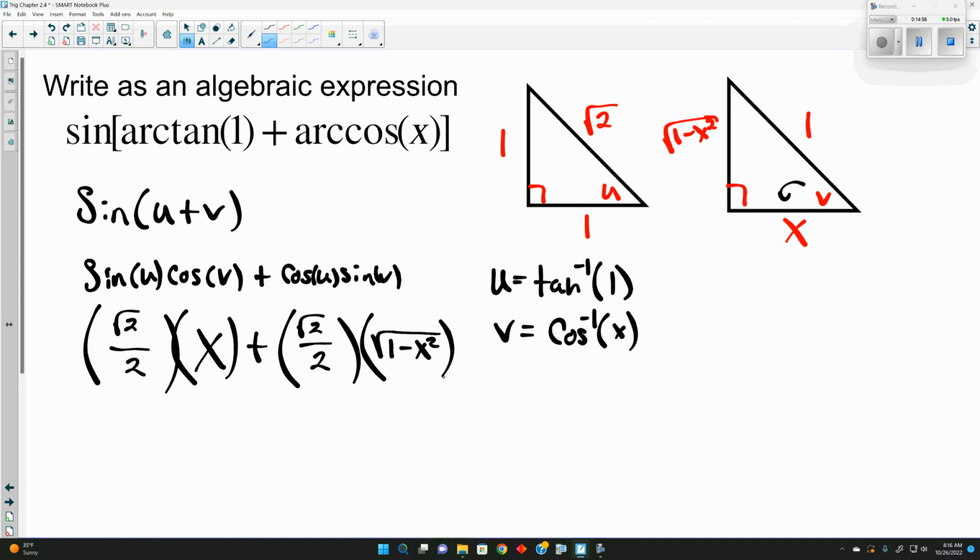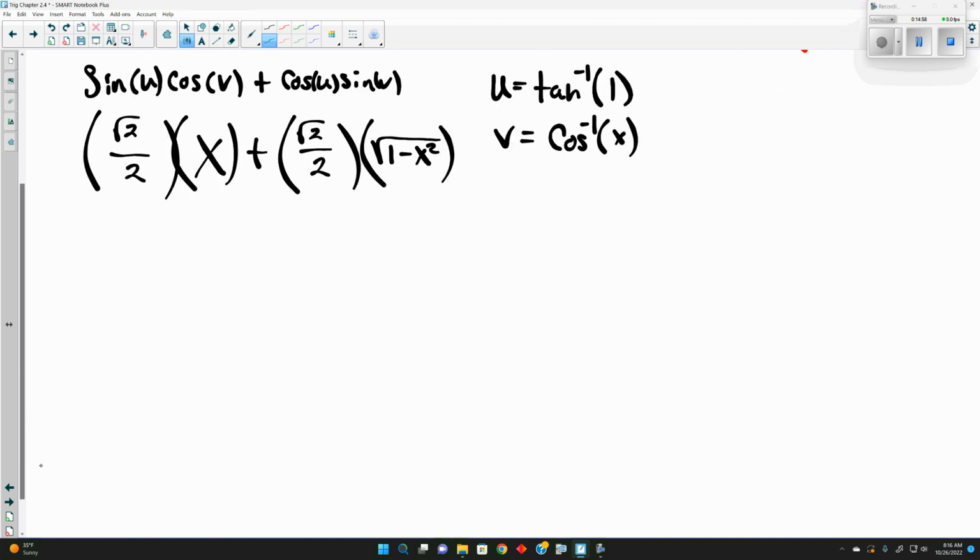Well, now we can multiply these together, which is going to give us x square root of 2 over 2, plus, we're going to have a denominator of 2, since we have the square root of 2 times the square root of 1 minus x squared. Again, we can multiply inside the radicals.